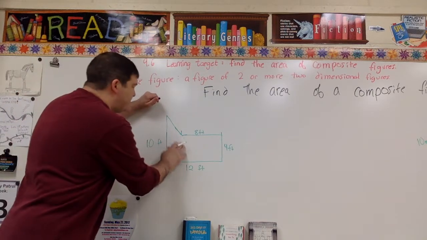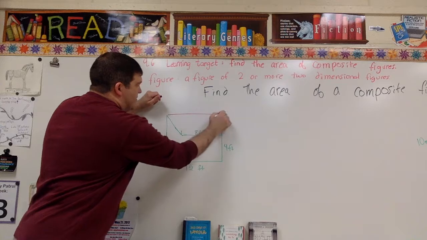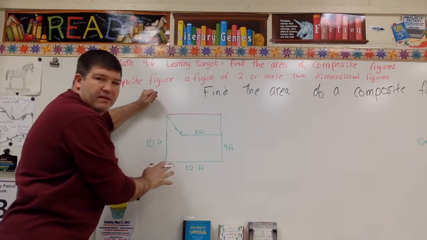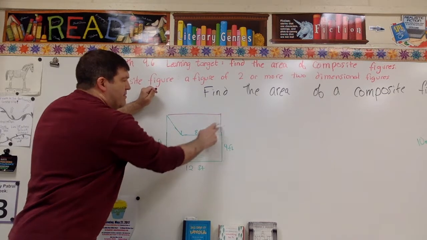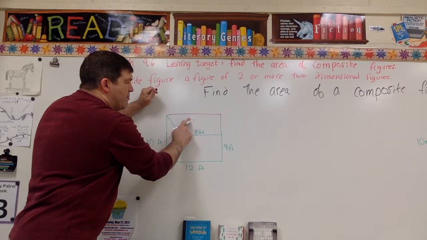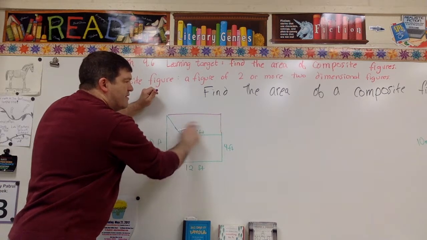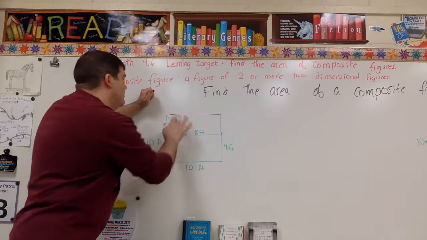Okay, so on this one, I have this shape here. I could go like this over here. Now I have one big parallelogram. I could find the area of the parallelogram. And then I have a trapezoid here. I could find this trapezoid, take the area of the whole thing, subtract this part, and it would leave me with this. I could do that.